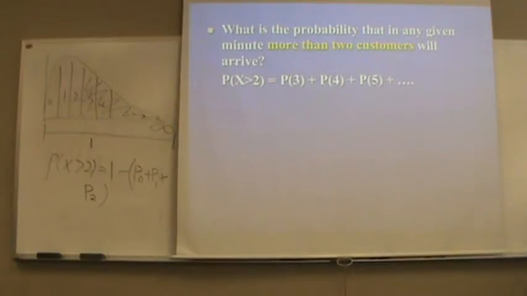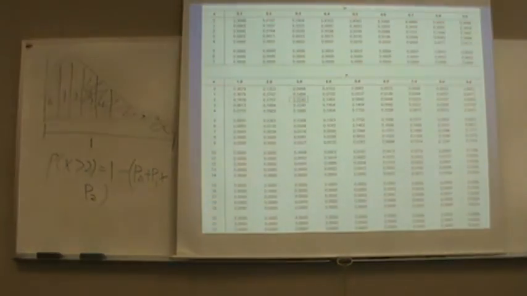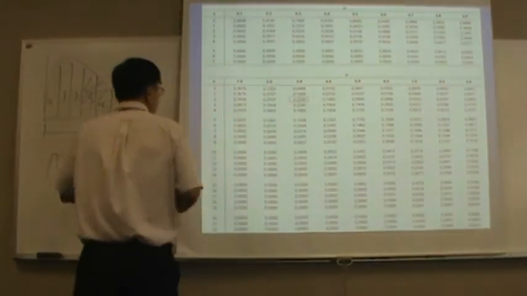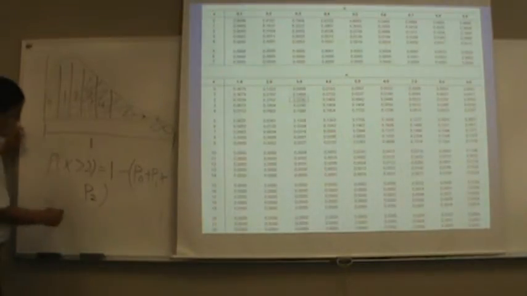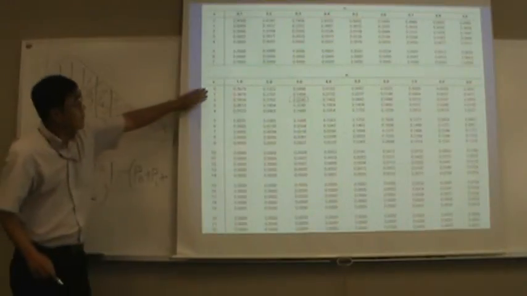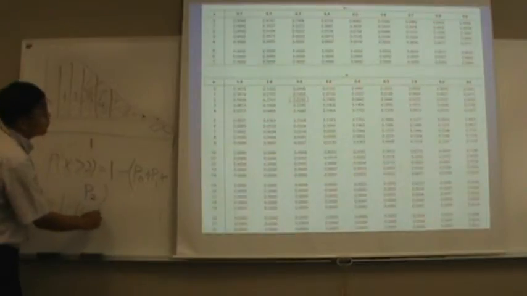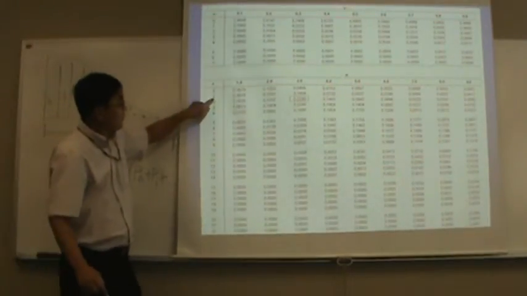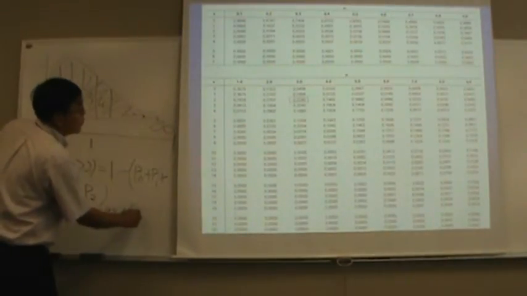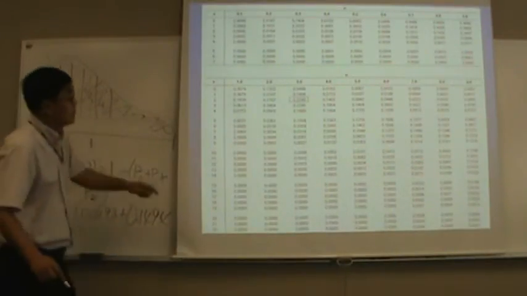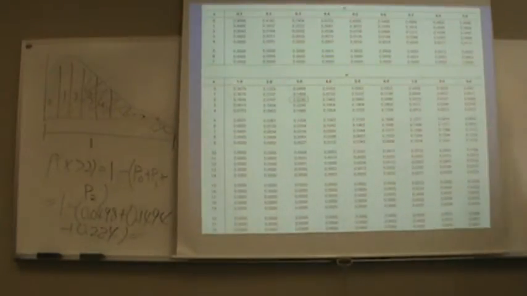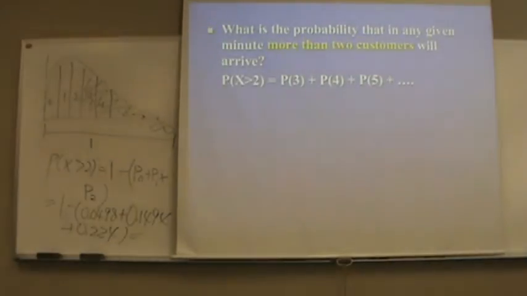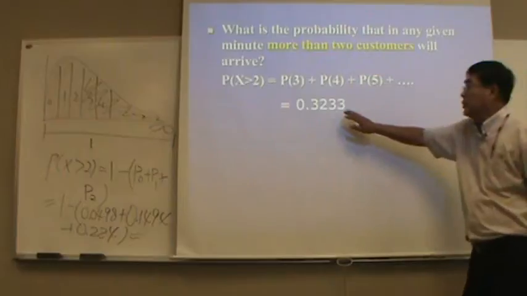From the table, x0, x1, x2, that will be 1 minus x0, which is 0.0498, plus x equals 1, 0.1494, plus 0.224, equals 0.4232.